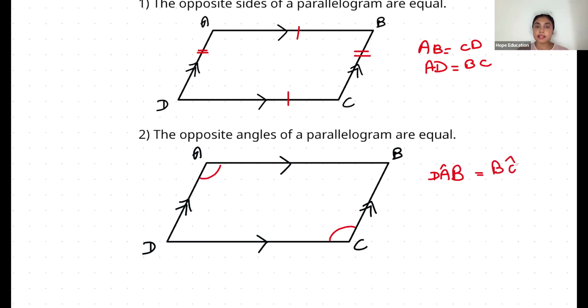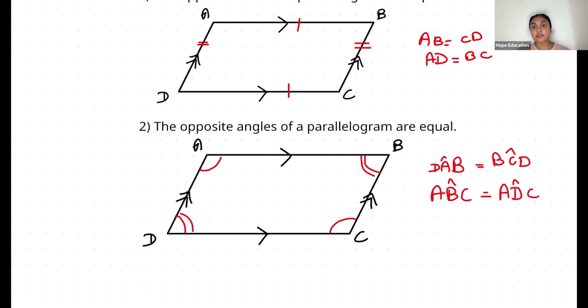And this angle is equal to this angle. Angle ABC equals angle ADC. Because opposite angles of a parallelogram are also equal.